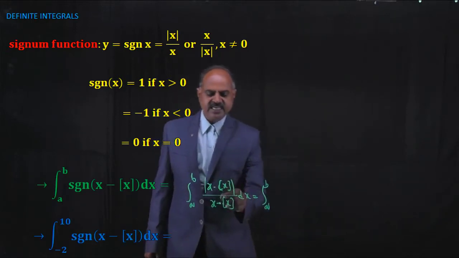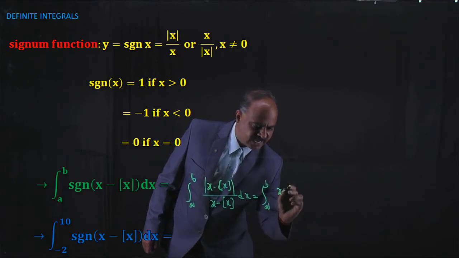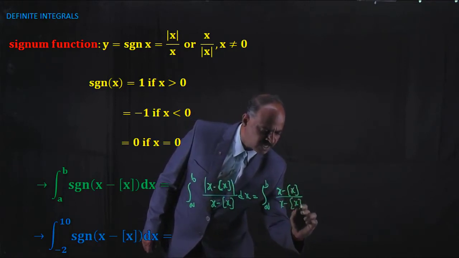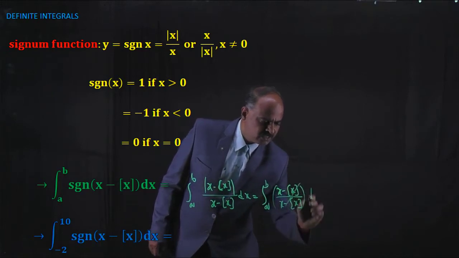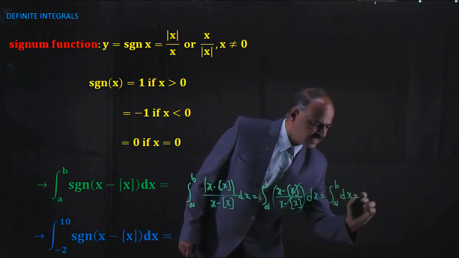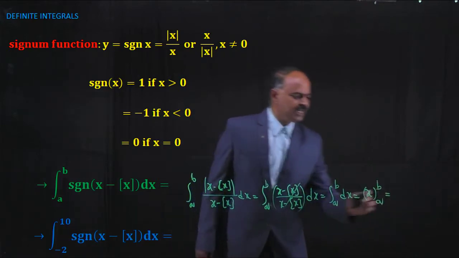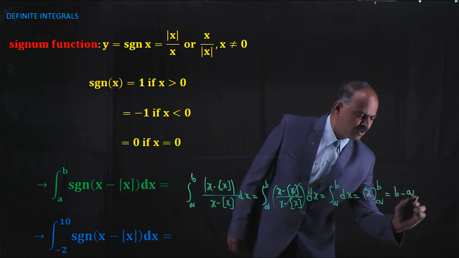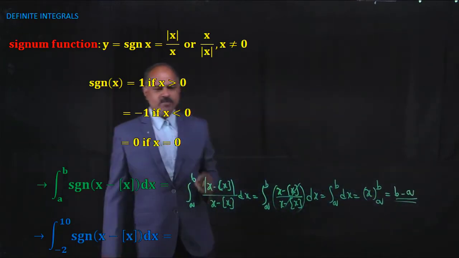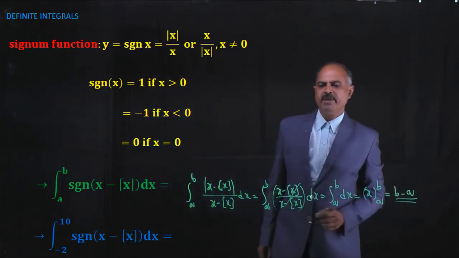So x minus [x] by x minus [x] get cancelled. That equals integral a to b dx, which equals x with limits a to b, substitute the upper limit in place of x minus substitute the lower limit in place of x. Therefore integral a to b sgn of (x minus [x]) equal to b minus a.